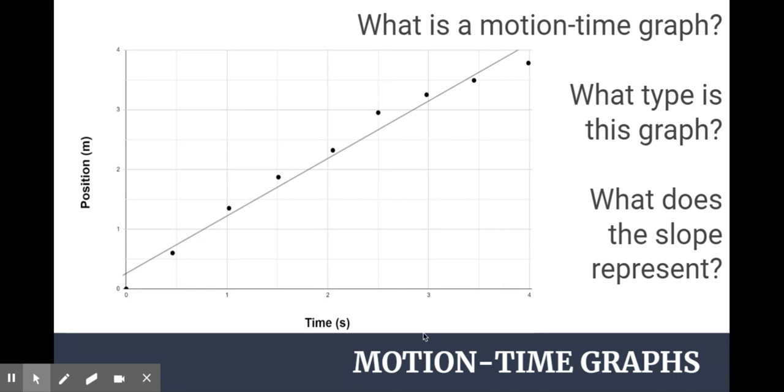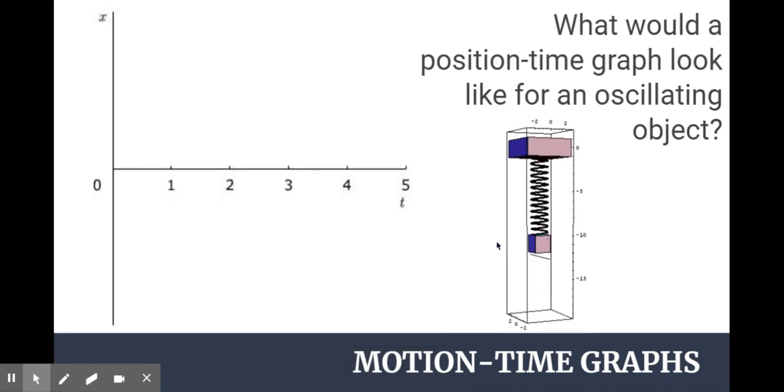The most common motion time graphs that we have looked at have been position time graphs, velocity time graphs, and acceleration time graphs. So this particular graph, if we look at our axes and how they've been labeled, is a position time graph. So that's the type of motion time graph. And the slope on a position time graph, in this case, will represent the velocity.